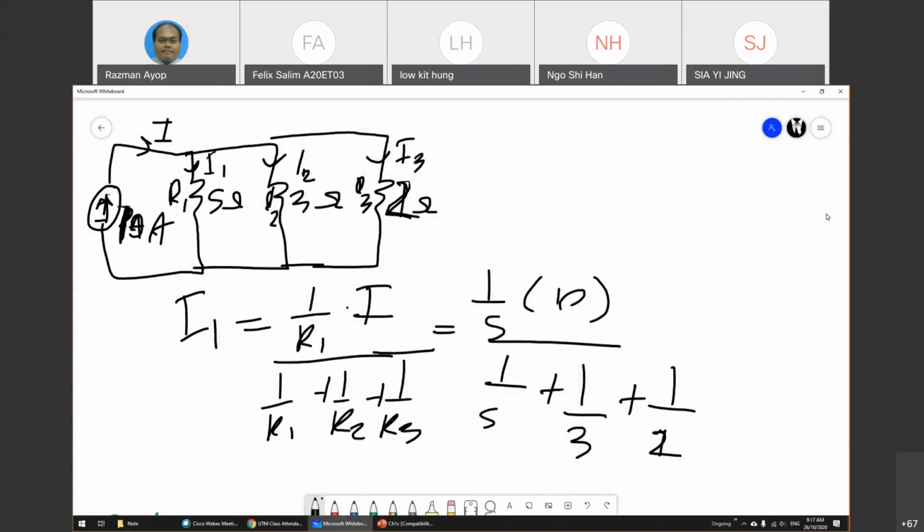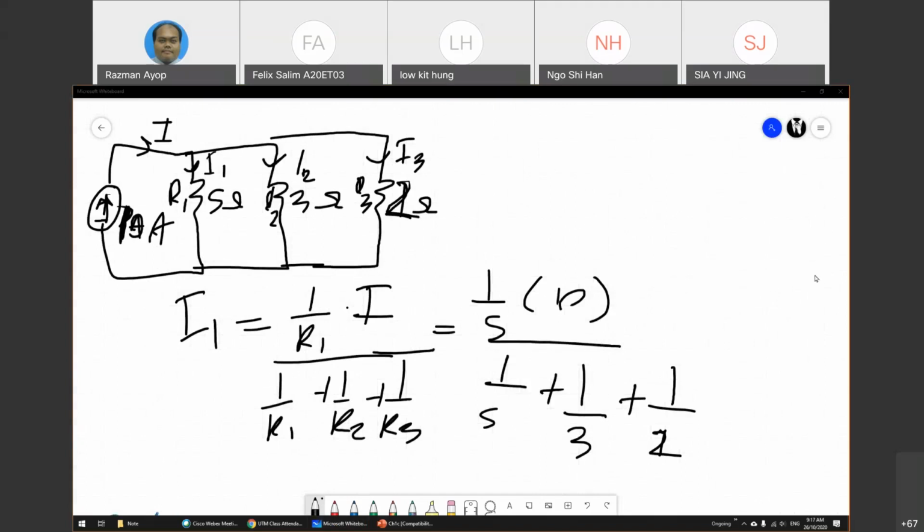On the calculator, 5 reciprocal, this is the symbol, multiply by 10, divide by, don't forget the open bracket, 5 reciprocal plus 3 reciprocal plus 2 reciprocal, close bracket.